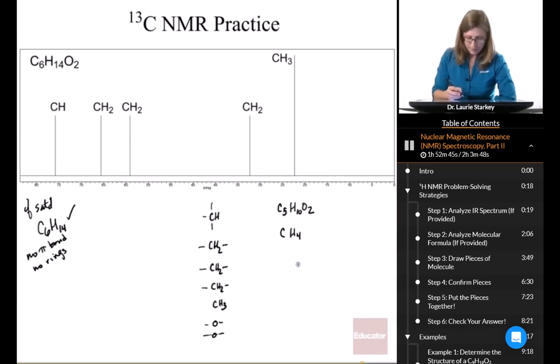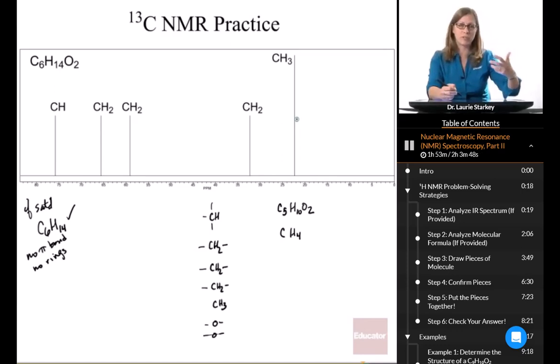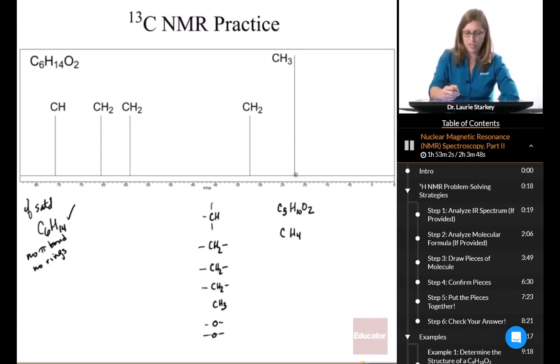Well, one thing we can do is we can have a CH3, another CH3. So you see how this peak is a little bigger? Sometimes that can give us a clue. Sometimes the size of the peak is proportional to how many hydrogens are on there. A quaternary carbon is usually a pretty small peak.